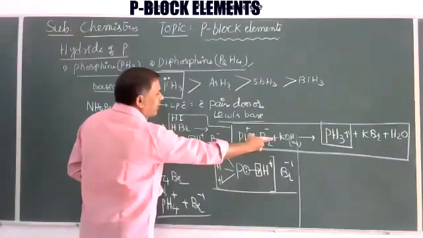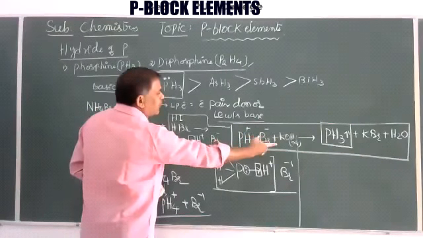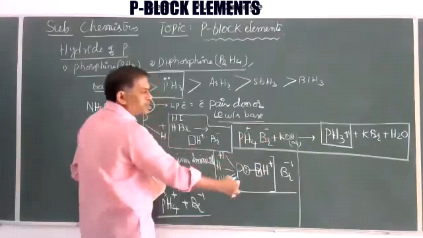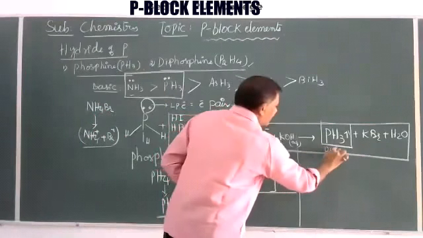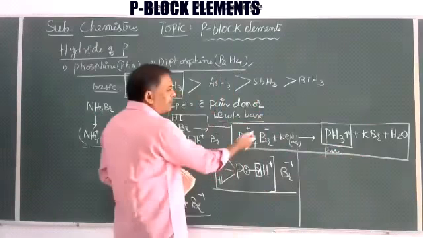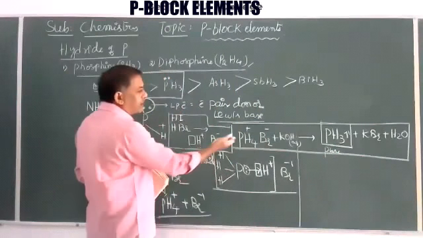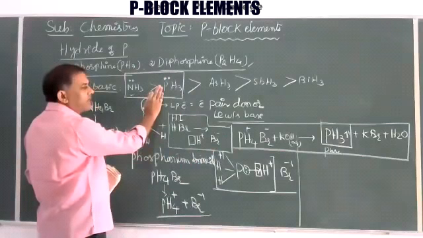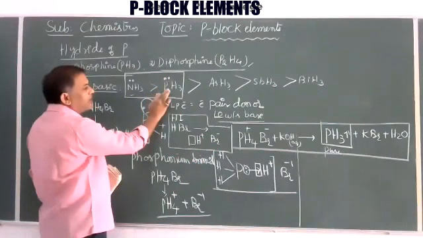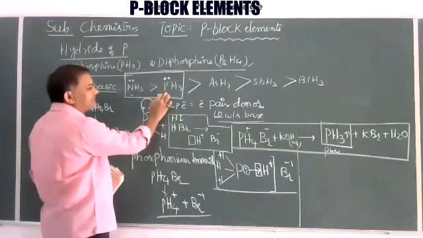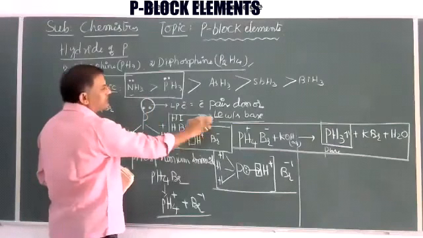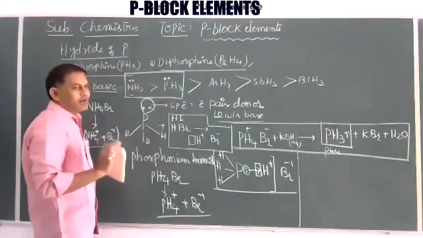It is reacted with alcoholic KOH solution. It gives pure phosphine. By using this simple chemical reaction, we can easily say that phosphine also acts as a Lewis base, which is ready to donate a pair of electrons.